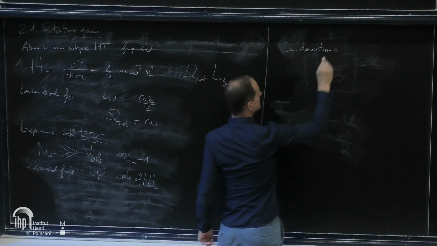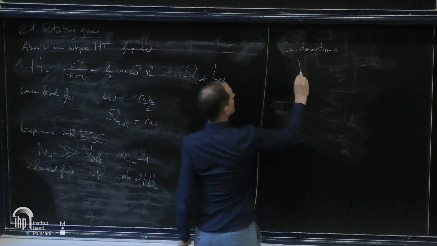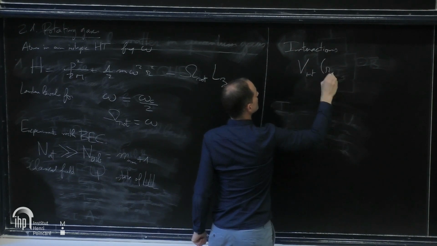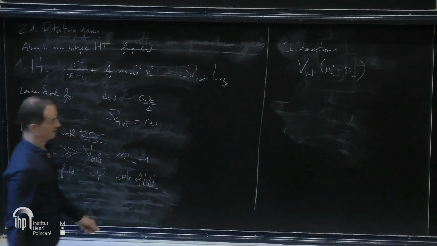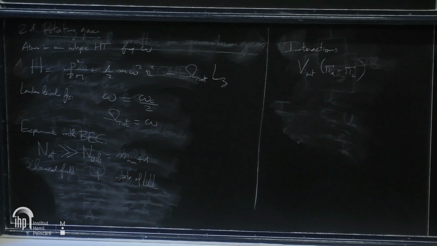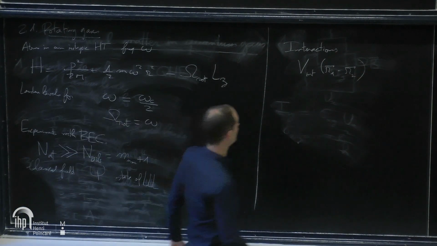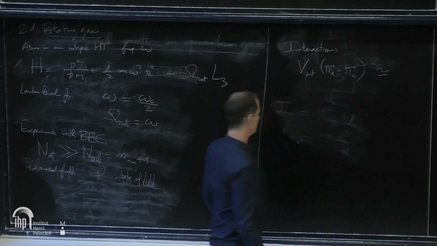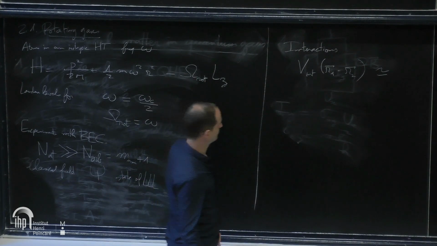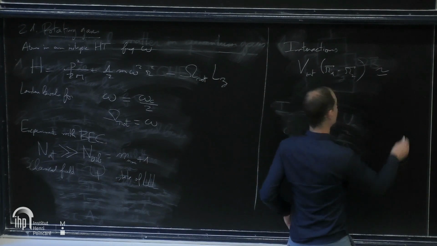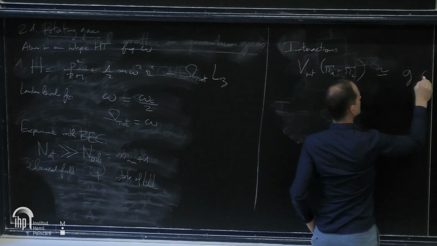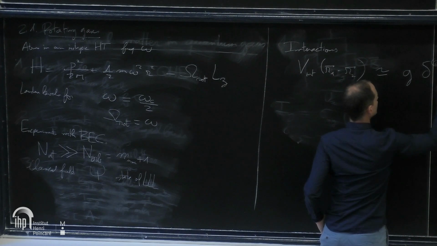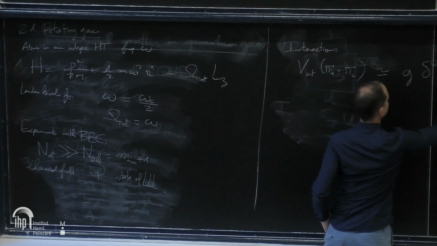And those interactions in cold gases between two atoms at positions R1, R2, they interact mostly via van der Waals interactions that are of short range. And we can basically approximate them to a very good approximation, as Sylvain explained in his lecture, by a contact potential, so a coupling constant G times a Dirac function, R1 minus R2.